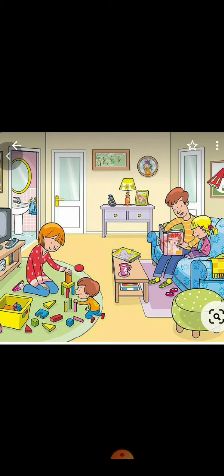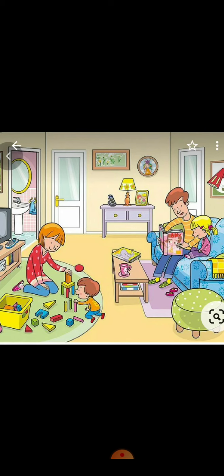Actually, the correct way of saying it is, the father is reading a story to the little girl. That is very important. Before the action word, is, was and are are helping words. They are very important when you express yourself, when you write or read. The little girl is sitting with the father. So use that is and was.